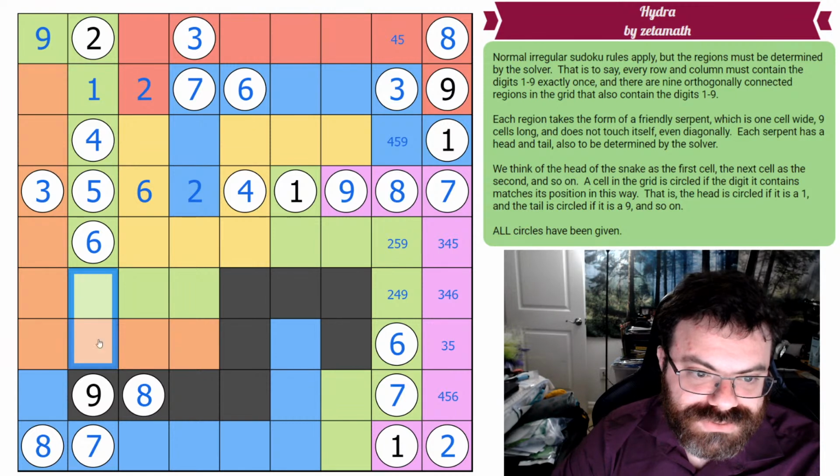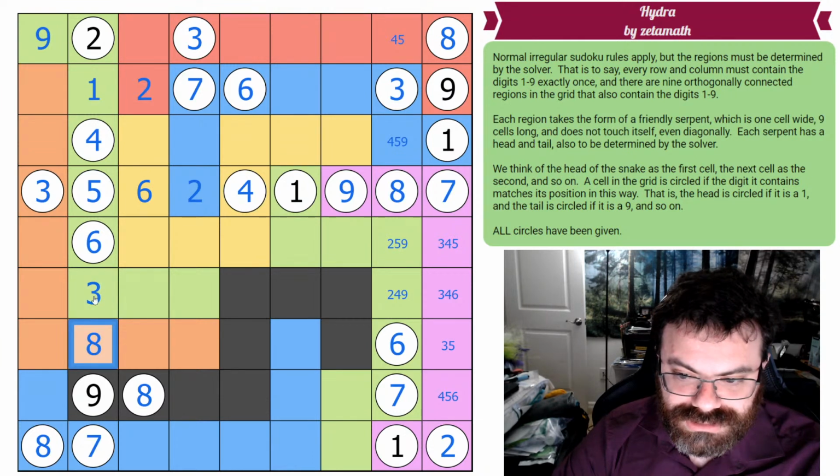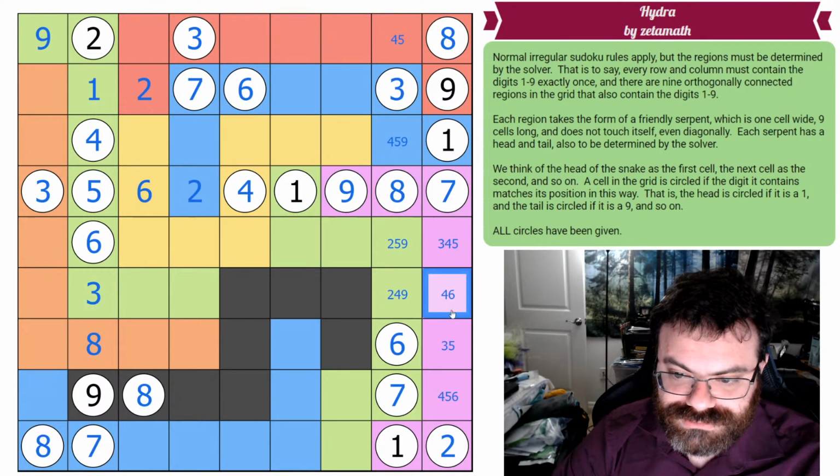Column 2, 1, 2, 3, 8. This region has a 3 already, so that's 8, that's 3. So this can't be a 3.